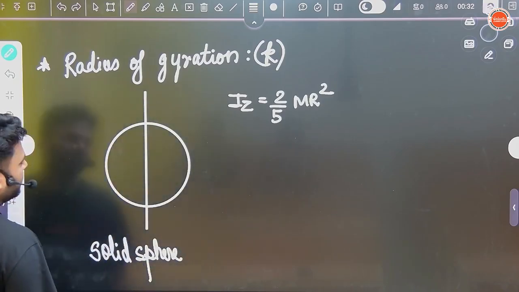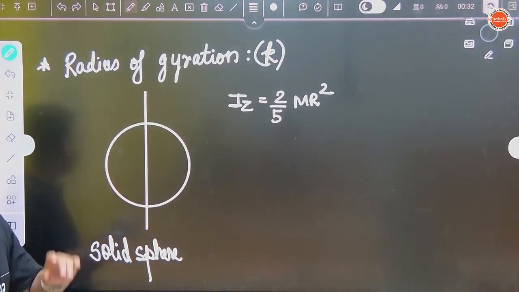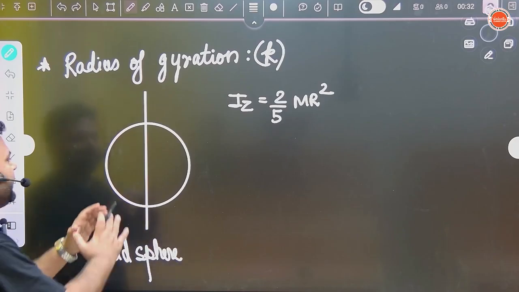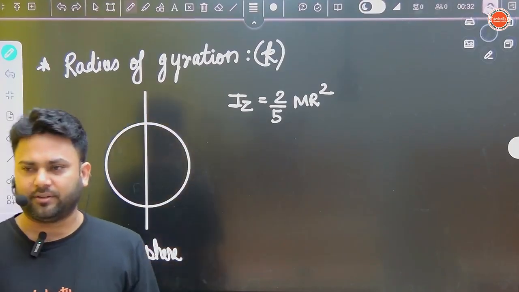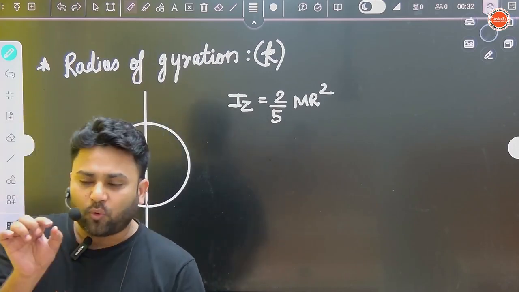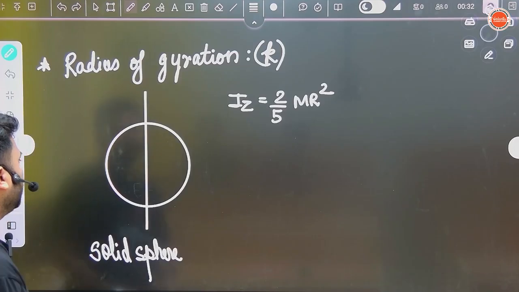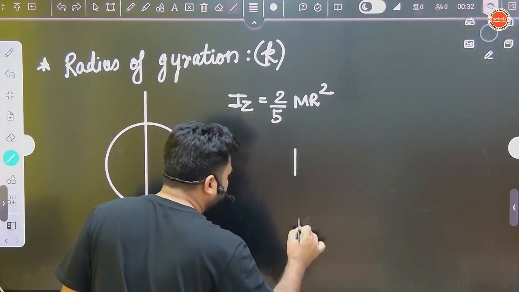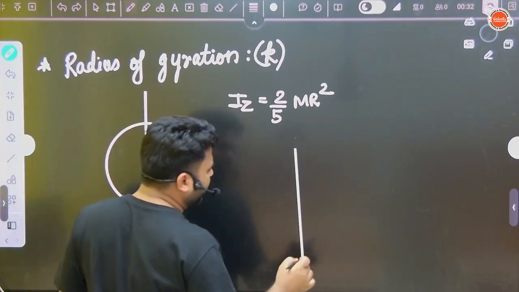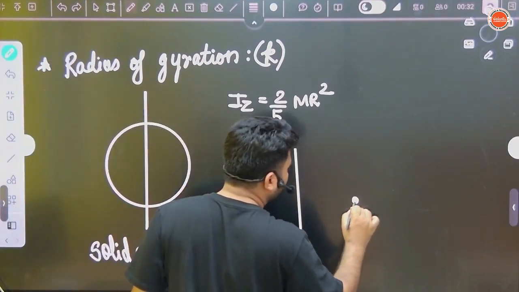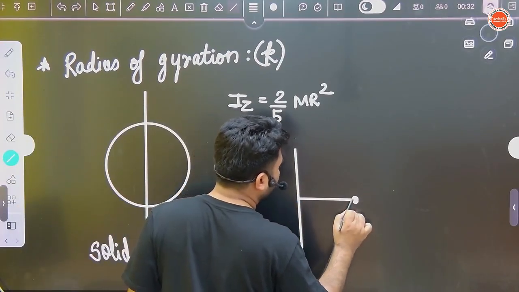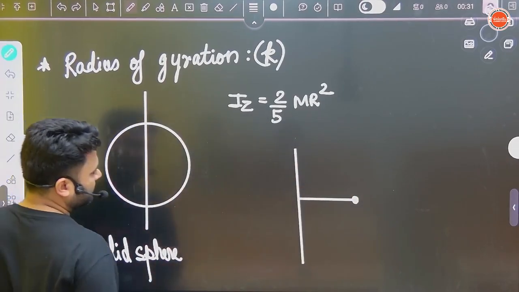Radius of gyration means, if I keep the axis the same, if I don't change the axis, but I treat the sphere like a point object, then at what distance should I keep it so that we get the same moment of inertia?